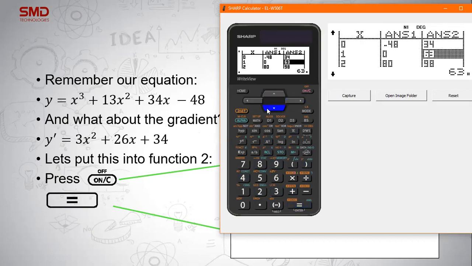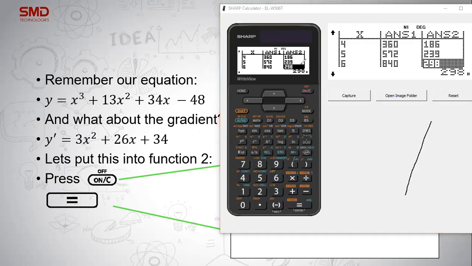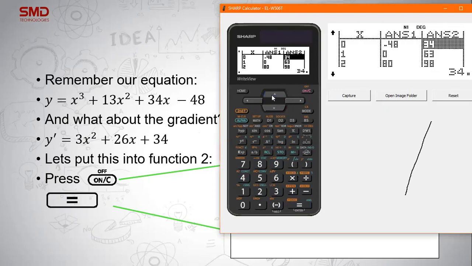Now, if I look in answer 2, which is where my gradient is, we can see that my gradient is just getting steeper and steeper. In other words, it's drawing this line here. Then if I scroll up to my table, I can see that between -1 and 2, my gradient switches from being positive to being negative.